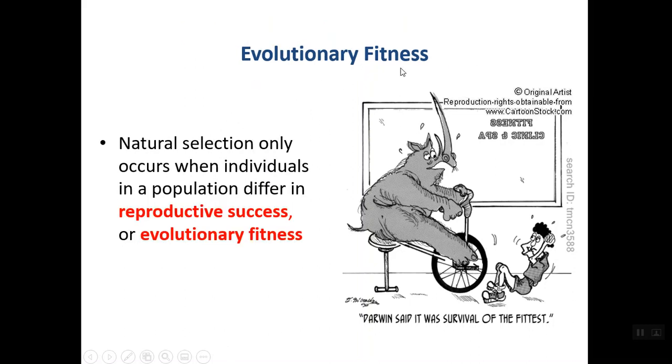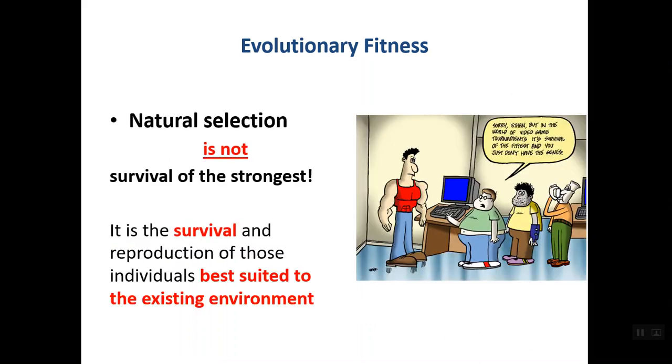So remember, evolutionary fitness refers to reproductive success and not to what we intend in lay terminology. So it's not necessarily the most fit individuals in a population in evolutionary terms that are the strongest, but the ones best suited in the existing environment.